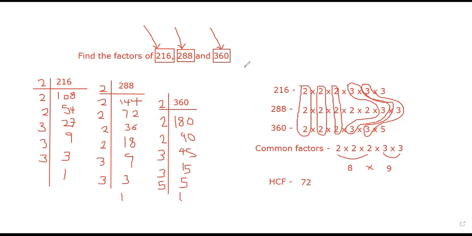It is very simple. Remember, you're going to express the numbers as a product of their prime factors. Then you find the common prime factors and multiply them together, and that will give you the highest common factor.